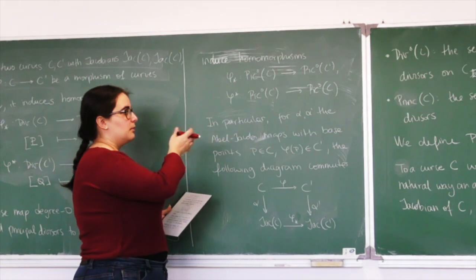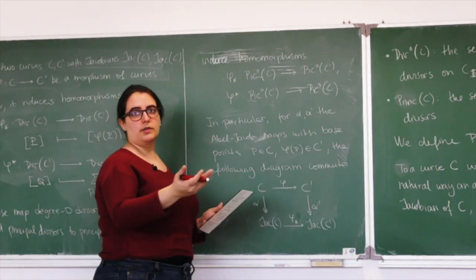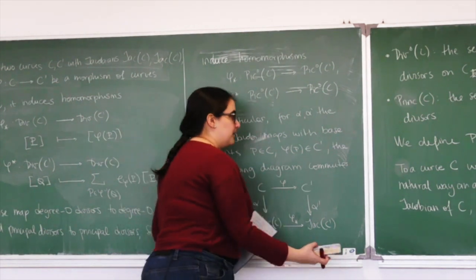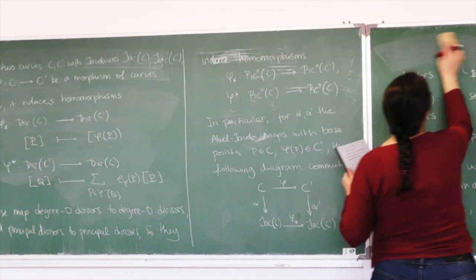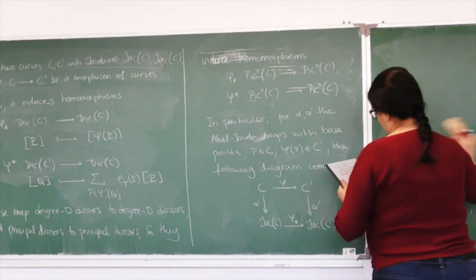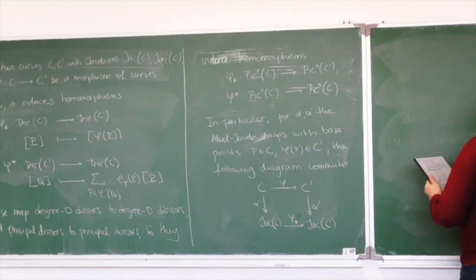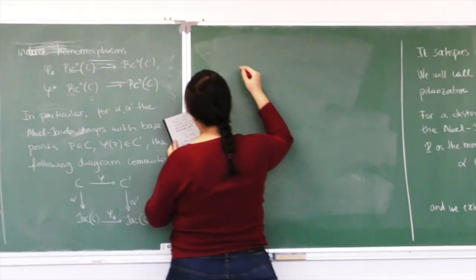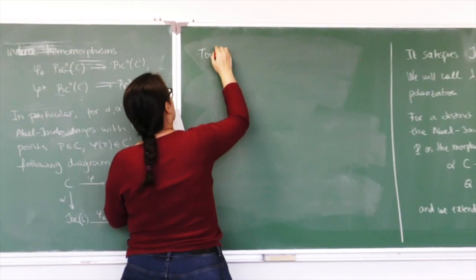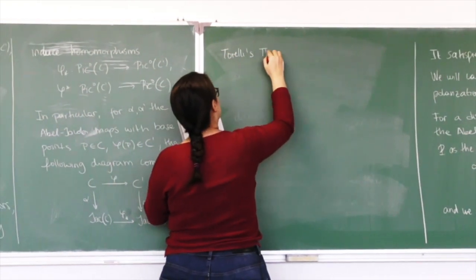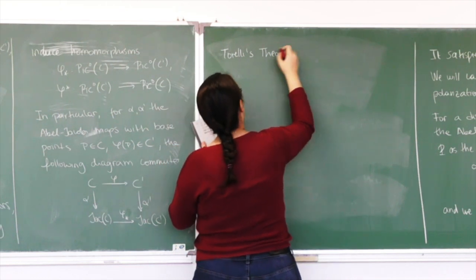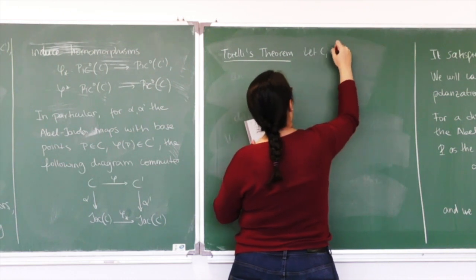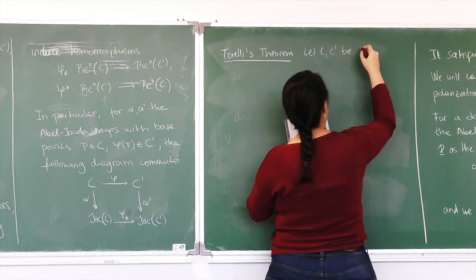So given a morphism on the side of curves, we have a morphism on the side of Jacobians, and the reverse is actually given by the following result, which is Torelli's theorem, very important for Jacobians. So Torelli's theorem: let again C and C prime be curves of genus g.